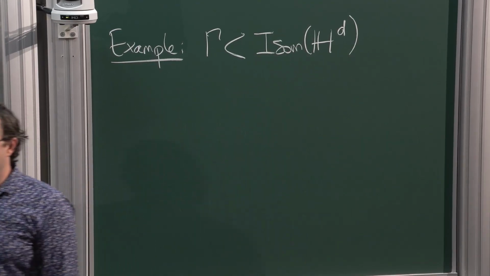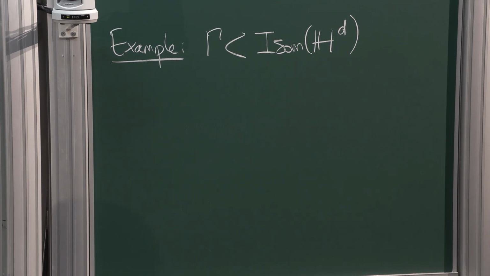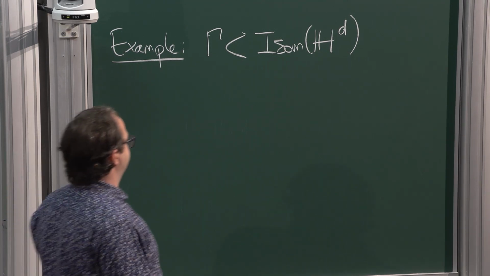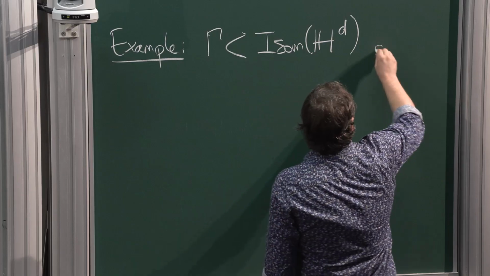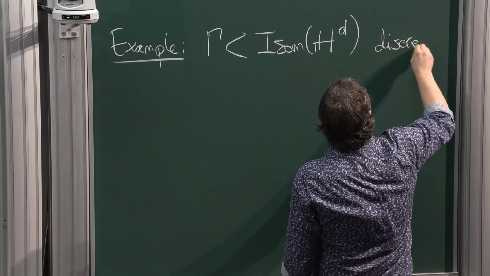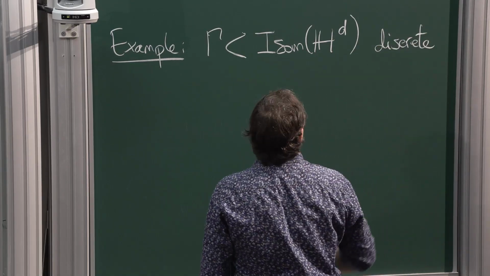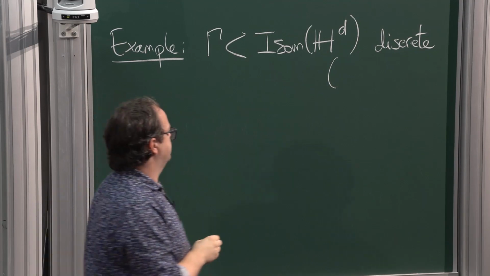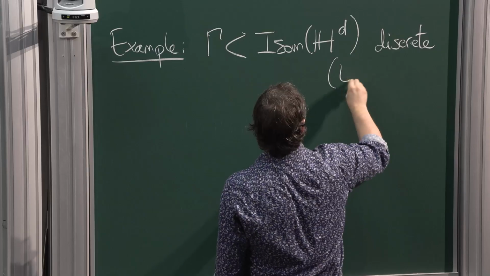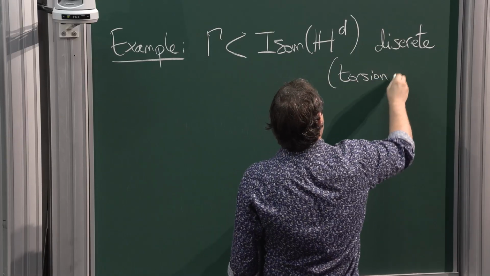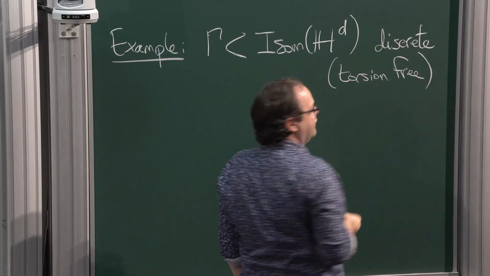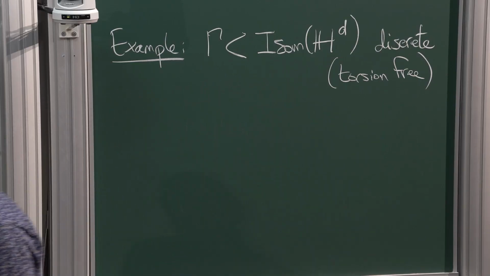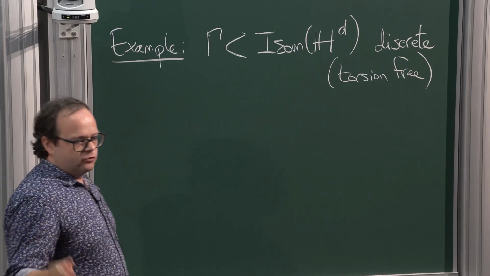I'm thinking of real hyperbolic space here, but if you prefer the complex one, you may think of that. So this will be a discrete subgroup. Just in case I have questions I don't know how to answer, I will say that it is torsion-free, although this will make some people upset, and just to have manifolds instead of orbifolds.